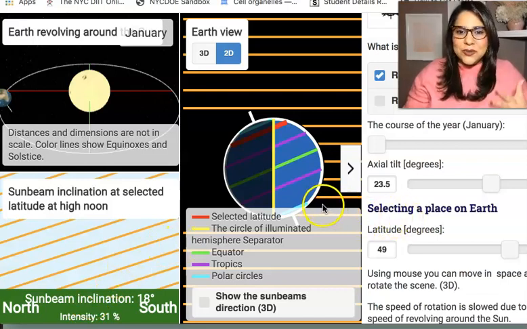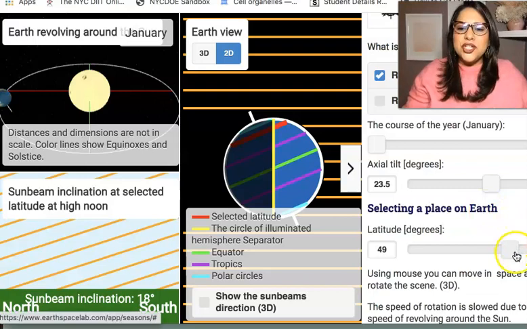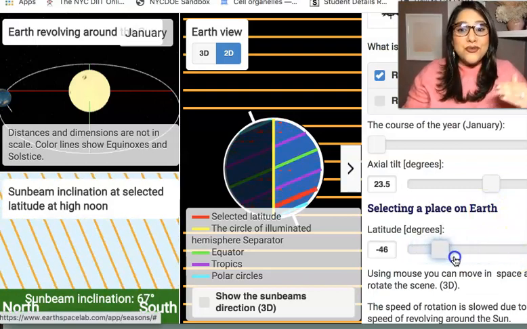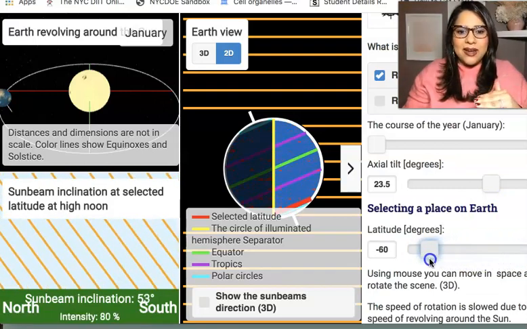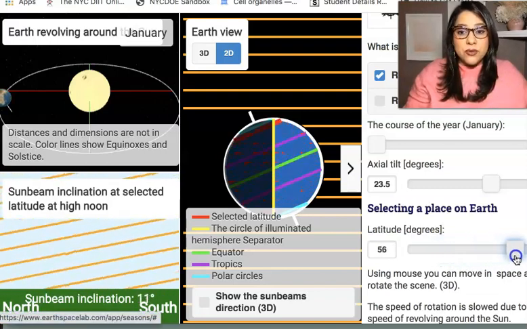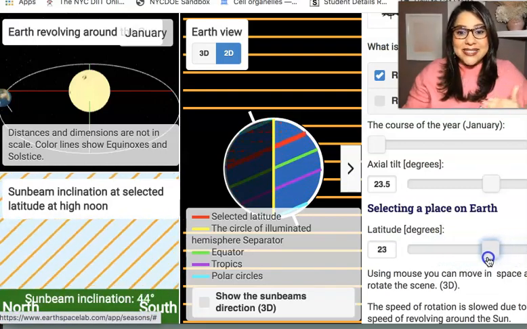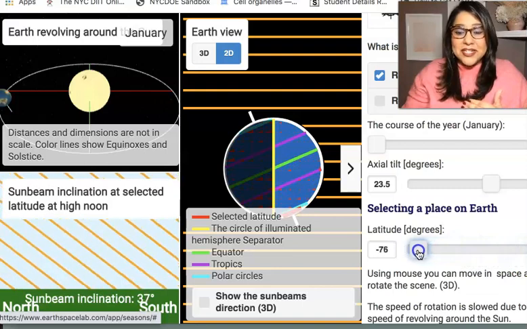As I told you before, the areas that are closest to the equator get the greatest amount of direct sunlight. So I'm going to be moving this horizontal red line so that we can record the intensity of the light at different points.